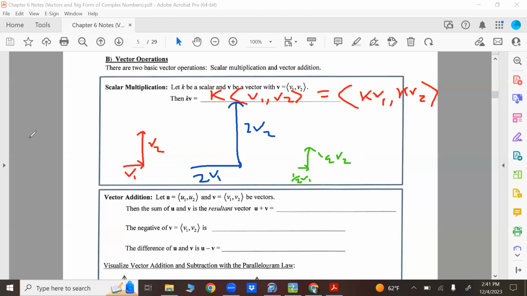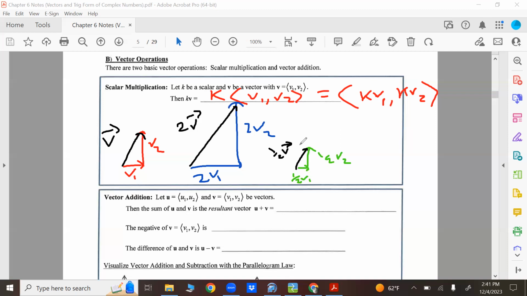By the way, the true vectors are these in black.